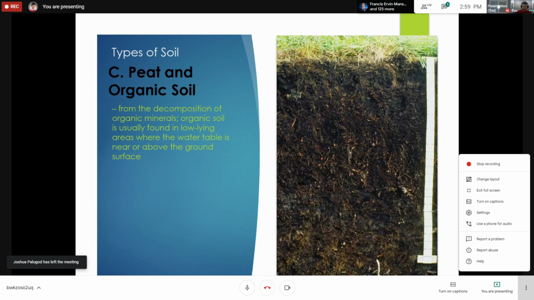Now the third type of soil is your peat and organic soil. These are usually found in low-lying areas where the water table is near or above the ground surface. Usually these are marshlands, wet soils. I guess the term water table is yet to be discussed in your fluid mechanics.